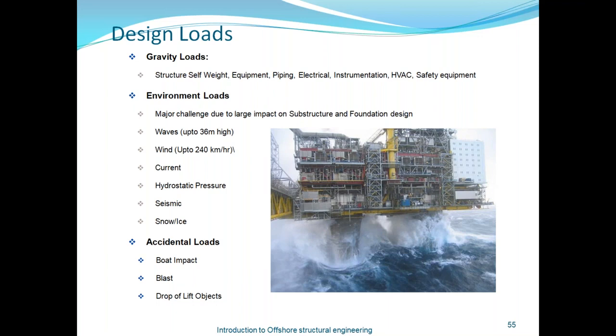For any structure you decide, there will be one critical load. For example, if you want to design a transmission tower in a remote area of the city, the critical load of the transmission tower usually is wind load, because there is no other load. Self weight, yes, we will design properly, but the only critical load that we will worry about is wind load.